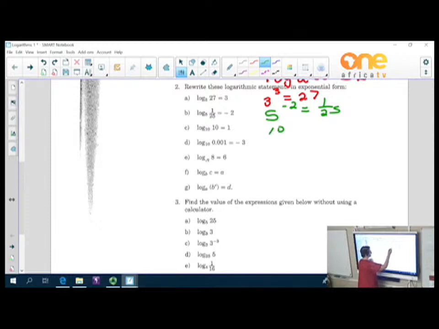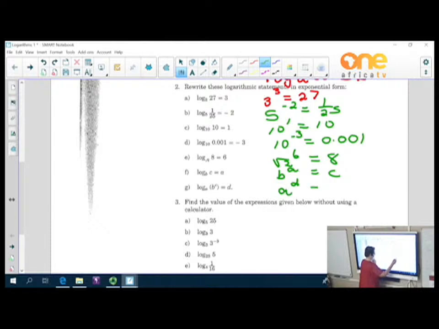This one, 10 to the power of 1 is 10. 10 to the power of negative 3 is 0.001. Square root 2 to the power of 6 is 8. b to the power of a is equal to c. And this one, a to the power of d is equal to b to the power of c.